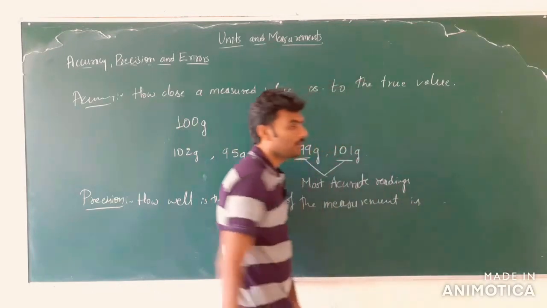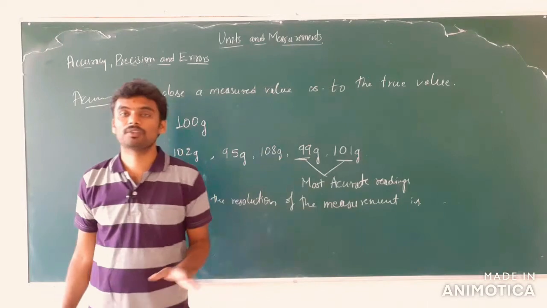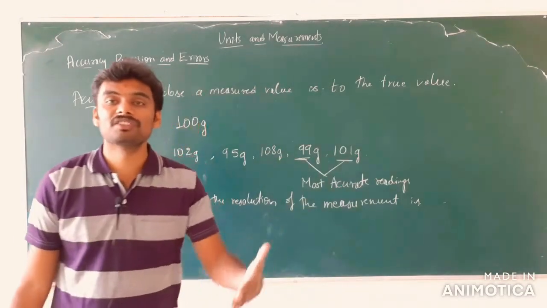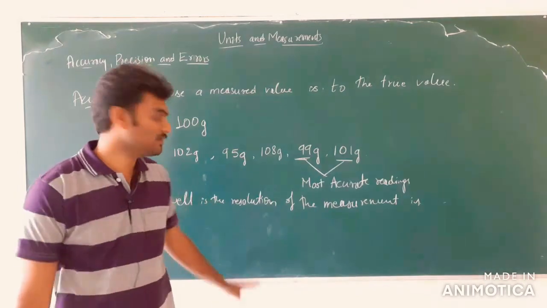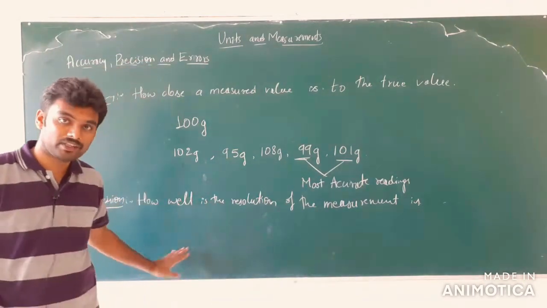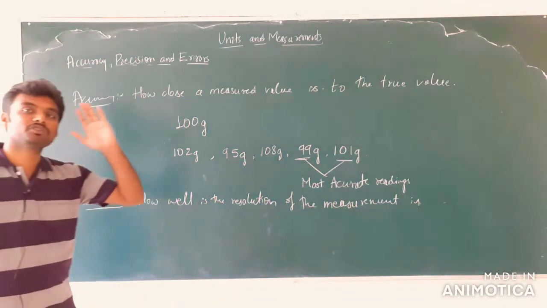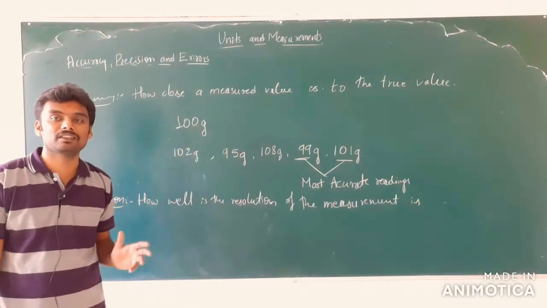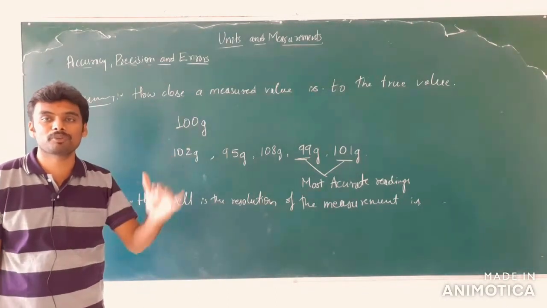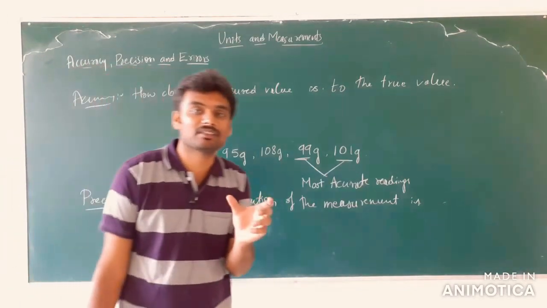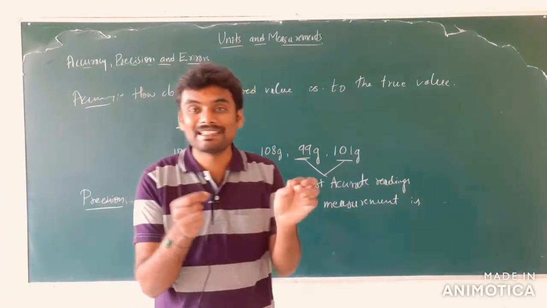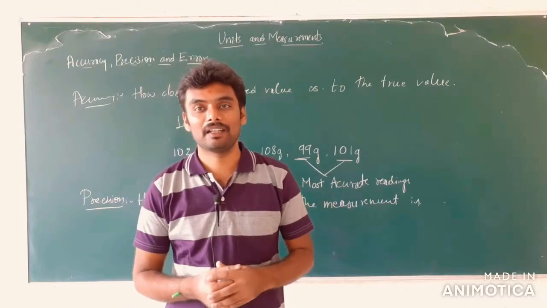We do not worry about how close the value is to the true value. We don't bother about this when it comes to precision. When I say which value is most precise, which measurement has more precision, then I look for the number of decimals or number of digits that a reading contains.